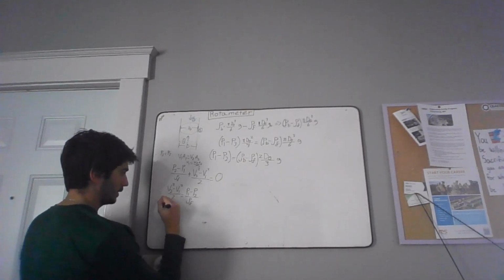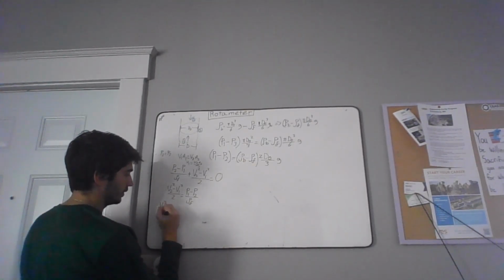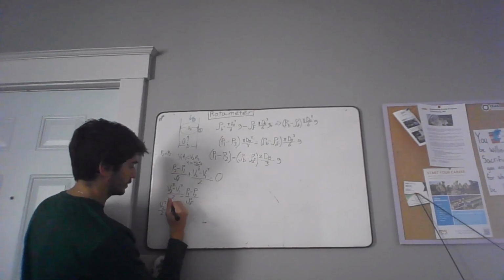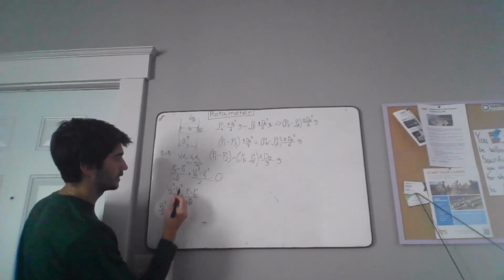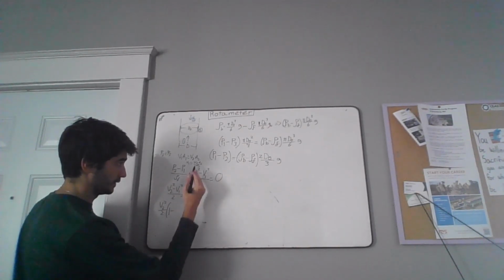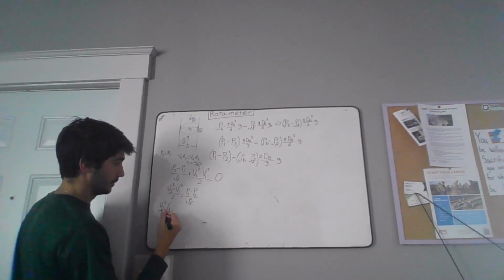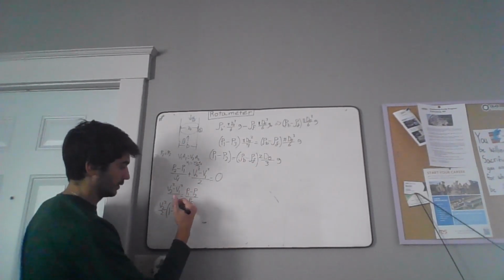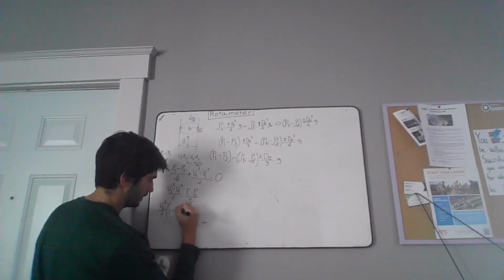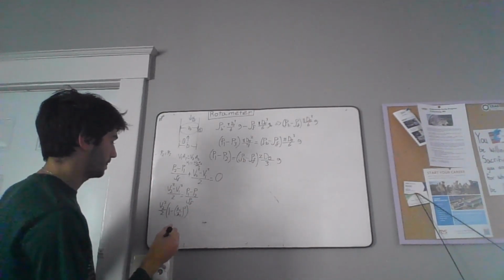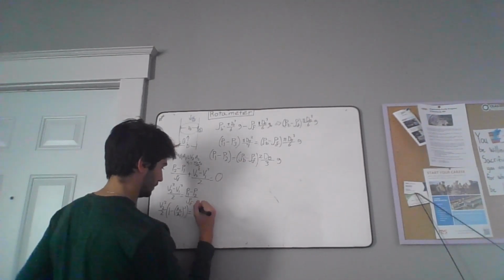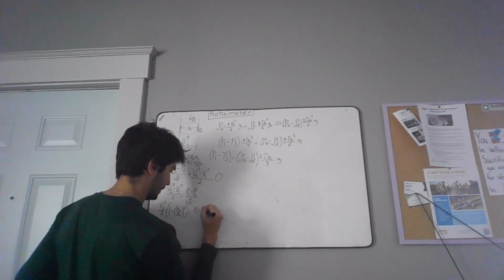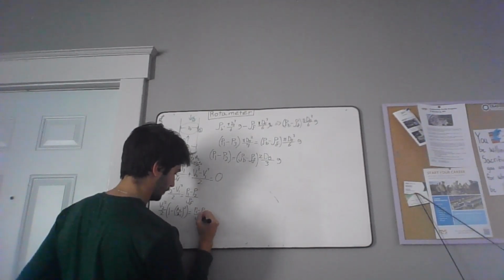Then we have V2 squared over 2, and I'm going to pull this out so that we have V2 squared over 2 times (1 minus (A2 over A1) squared), and that is equal to (P1 minus P2) over the density of the fluid.